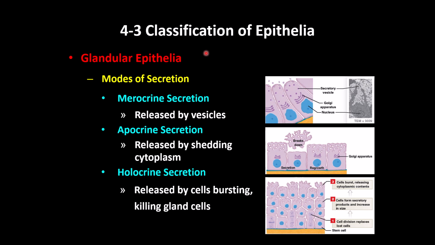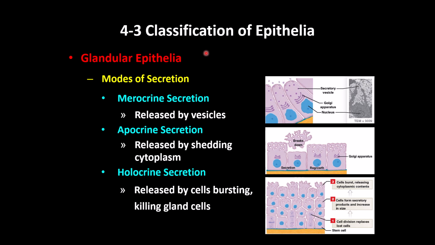Once again, exocrine glands have their own duct, and that duct will drain on the surface of the skin or maybe into hollow organs, but endocrine glands will drain directly into the blood. Now we are mainly talking about the exocrine, because endocrine glands we will have as a separate chapter, chapter 18. That's an interesting chapter. You will like it, and we will discuss it later on.